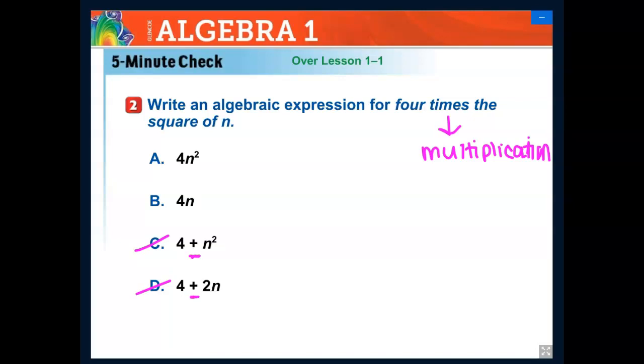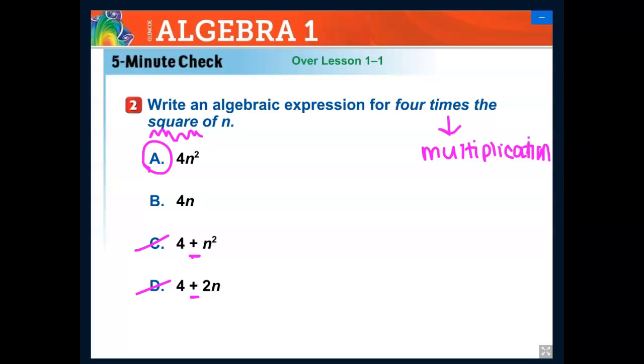They have addition. All right, Logan, what'd you get? Perfect. Exactly.